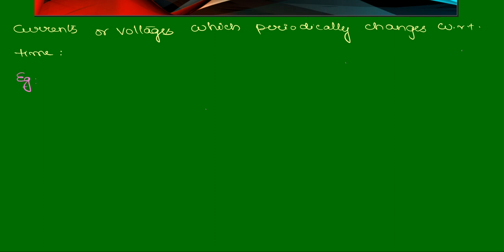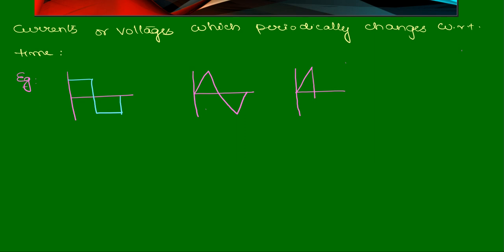It can be a square wave. Suppose you are given a square wave like this, and it can be a triangular wave, and it can be a sawtooth wave, and it can be a sine wave.